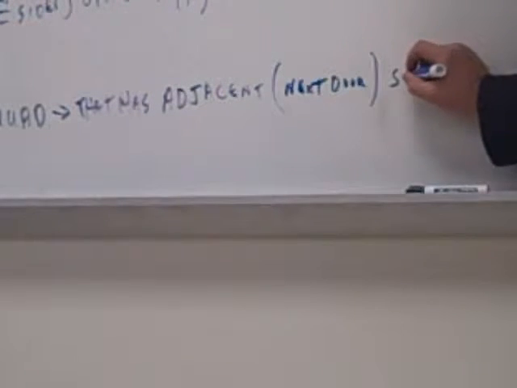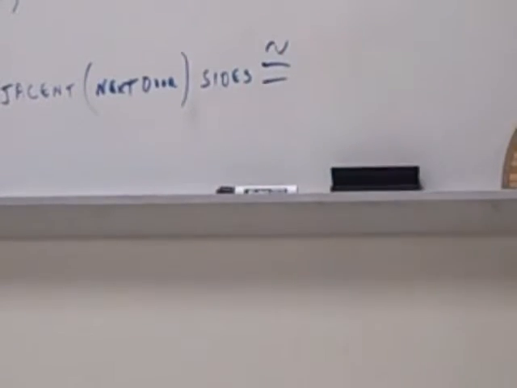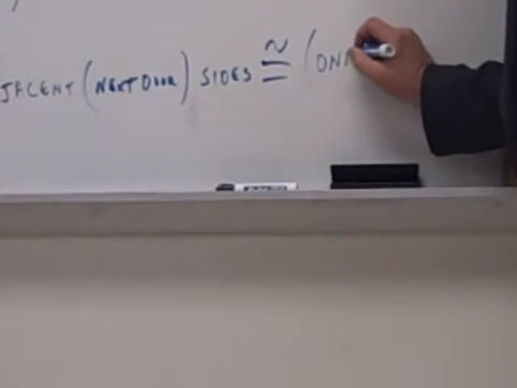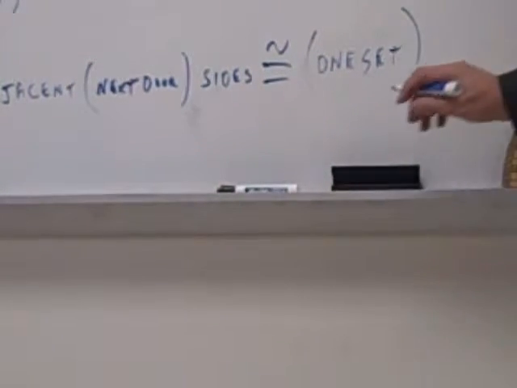So, a kite is a quad that has adjacent sides congruent. I don't like that. I'm going to put in parentheses 1 set. No, 2 sets.